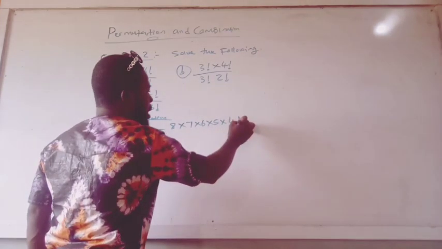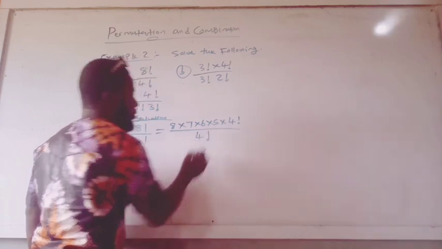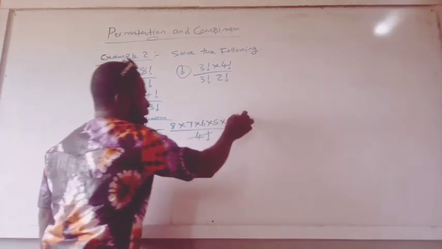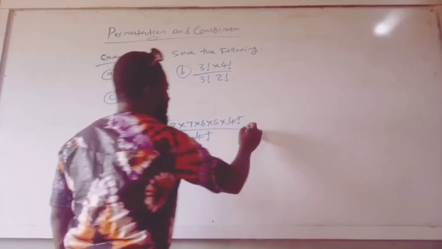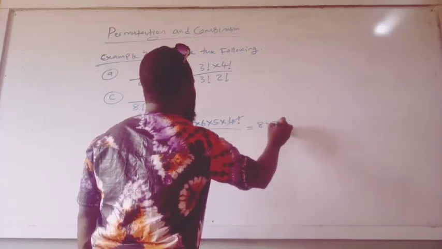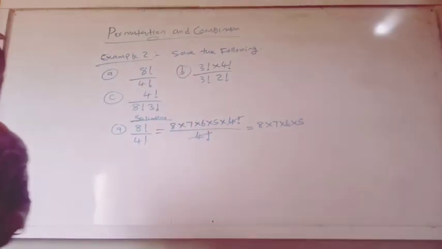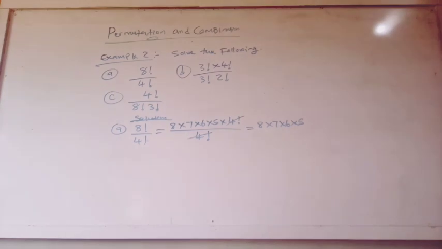Since I have 4 factorial underneath, that's all divided by 4 factorial, so this factorial will cancel this factorial. And my final answer will be 8 times 7 times 6 times 5. I believe you can see what I'm explaining. If you solve that, it will give you a particular answer, and I know you are solving as well.